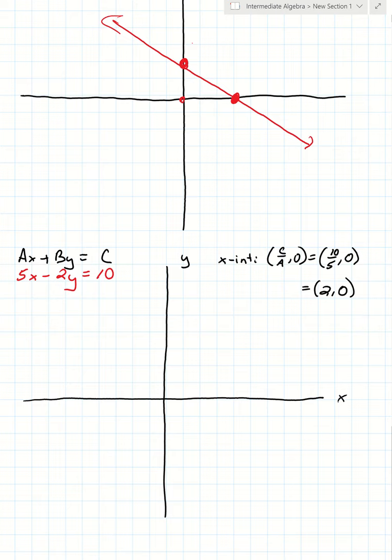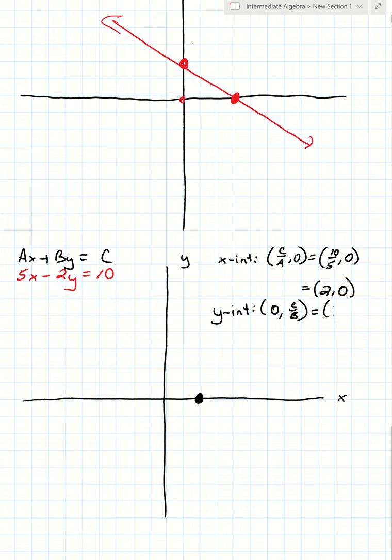And let's plot that point. (2, 0) would be right here. Next, let's figure out the location of the y-intercept. To get the y-intercept, we would use the formula (0, c divided by b).